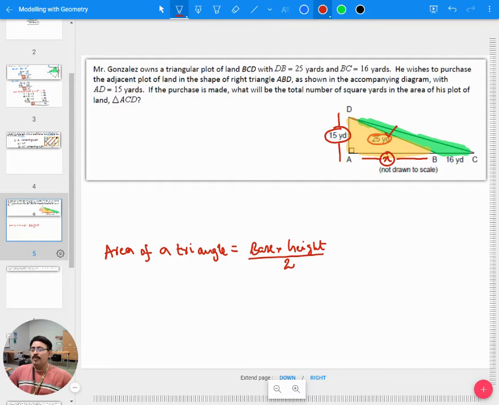Okay, I hope you remember that in a right angle triangle, by Pythagorean theorem, side square plus side square equals hypotenuse square.